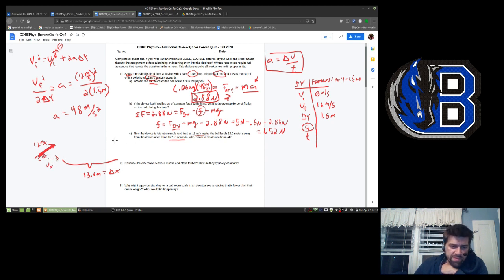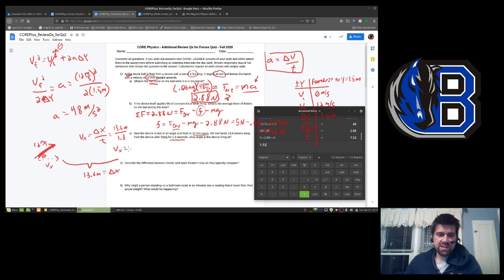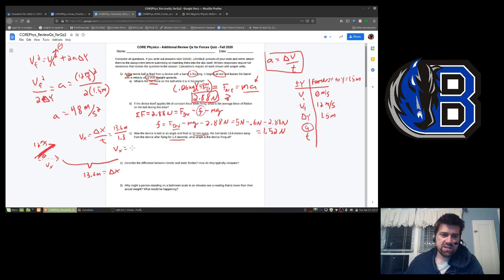So I know horizontal motion is uniform, no acceleration, so I get to use this one. And if it scooched over 13.6 meters over the course of 1.3 seconds, the horizontal component of that velocity is 10.46 meters per second.